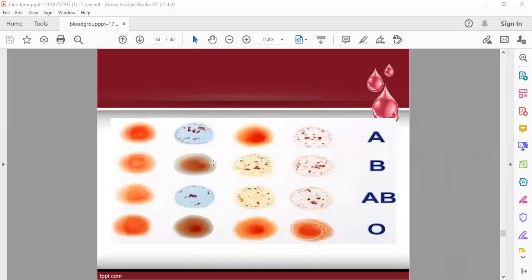So how can the results be observed? By using this slide, we can analyze our blood.